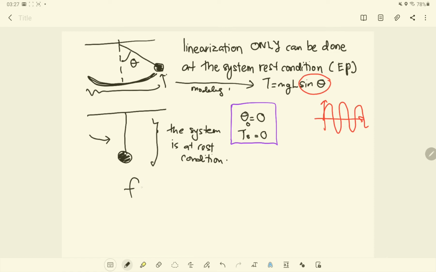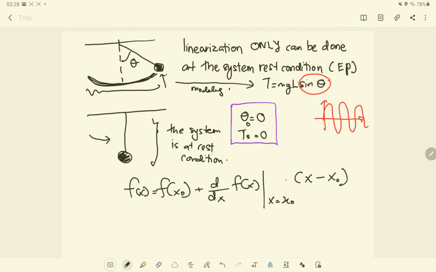Okay, so f(x) equals f(x naught) plus d over dx of f(x), where x is equal to x naught, multiplied by (x minus x naught). Okay, so this is the Taylor series.